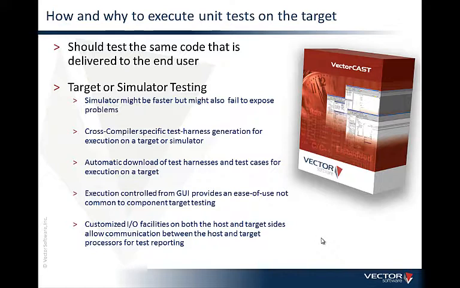When we run on the simulator or the target, then we will need some method of downloading the executable into the execution environment, controlling the execution, and collecting the results.